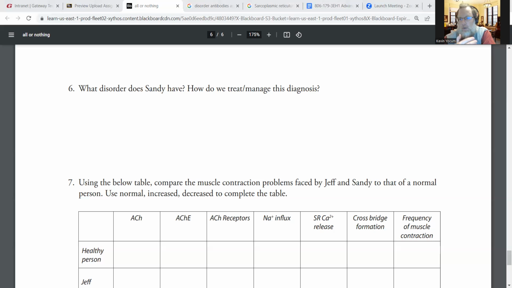For some reason, her body is recognizing acetylcholine receptors as being foreign or non-self cells. So because the immune system's recognizing ACH receptors as non-self cells, the immune system response is we need to fight against this. So antibodies get produced, they attack these receptor sites.